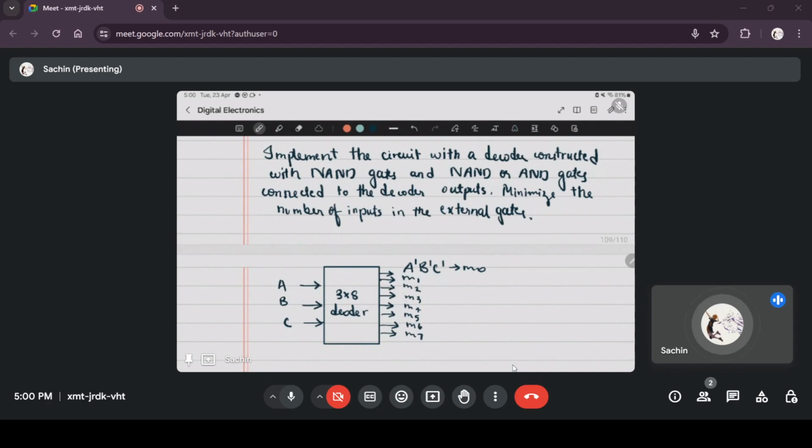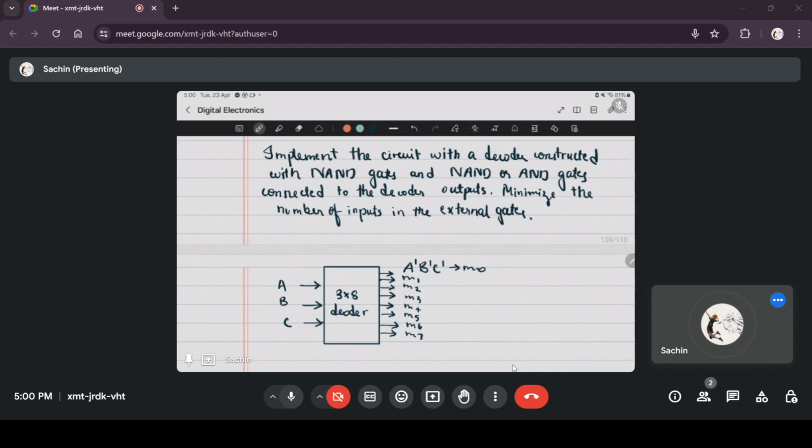And to get an OR gate using only NAND gates, you would need 3 NAND gates. But they've also asked us to minimize the number of inputs at the external gates. So there's a better way to do it with a smaller number of inputs in the external gates.